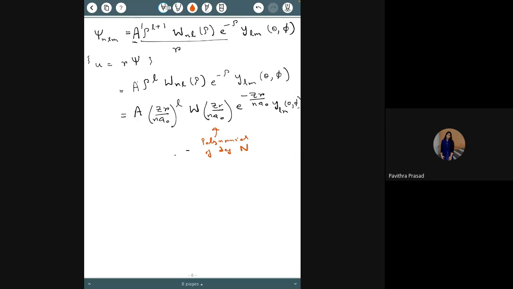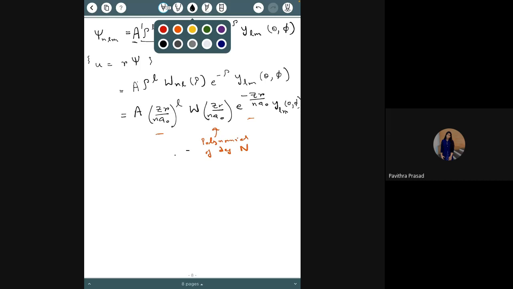So the first term is a continuous function. There are no nodes. This one. The exponential is also continuous, so no nodes. So the radial nodes will all come from W. The angular nodes will of course come from Y. Okay.